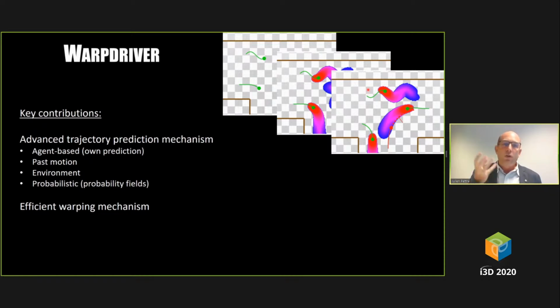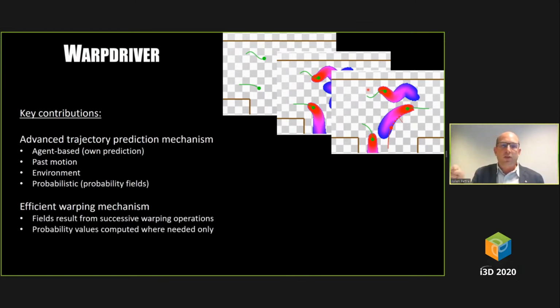I won't go into the detail, it would be too complex, but you have to understand that we compute those fields in a very efficient manner. Moreover, since this process of successive warping can be inverted, you can sample and compute this probability field only where you need it, for example, only where the red agent will try to go.